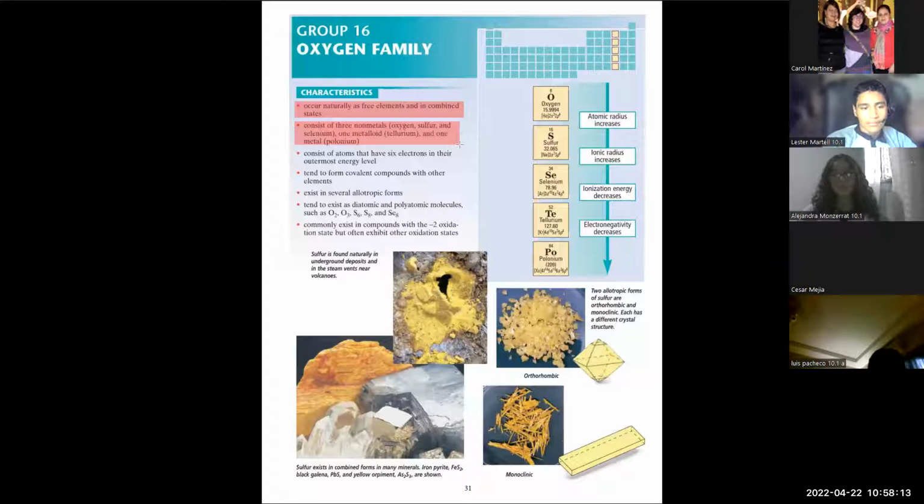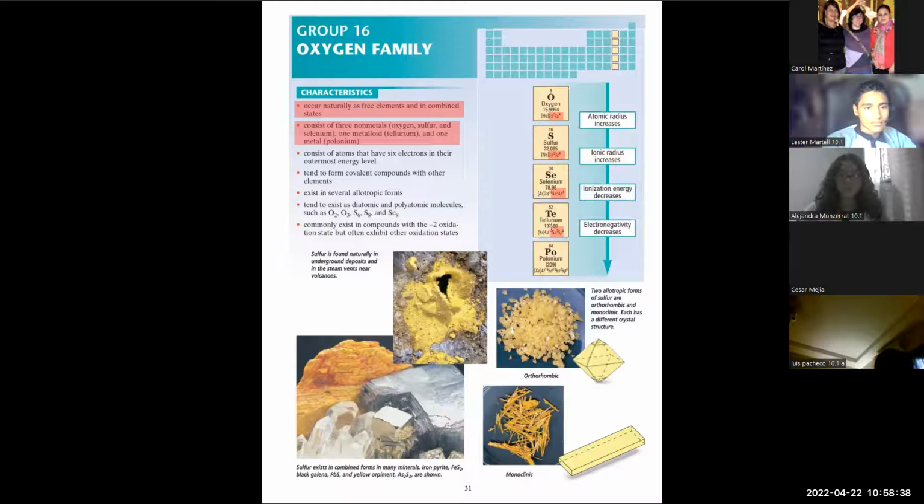Consists of atoms that have 6 electrons in their outermost energy level. Same idea, okay? If you do the electron configuration of oxygen and you add the electrons in the outermost level, you will find 6 electrons. You can do the same for sulfur, 3 plus 3, 6 electrons. Selenium, 2 and 4, 6 electrons.